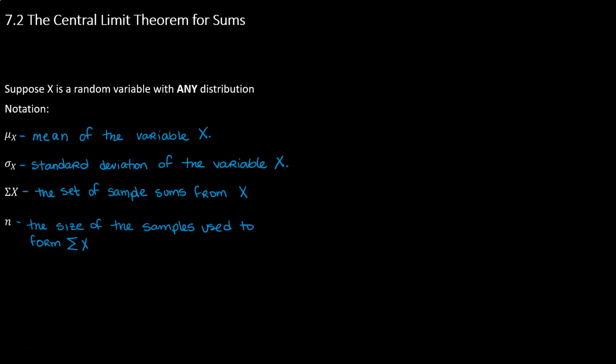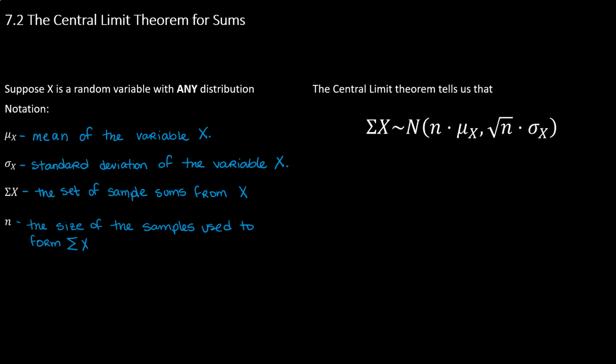Speaking of samples, the size of these samples used to create sigma x is n. So n will tell you how many values to take from the original data set x. The central limit theorem tells us that this new variable, sigma x, follows a normal distribution. The mean and the standard deviation can be calculated using three simple numbers.